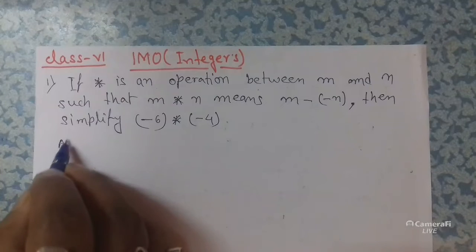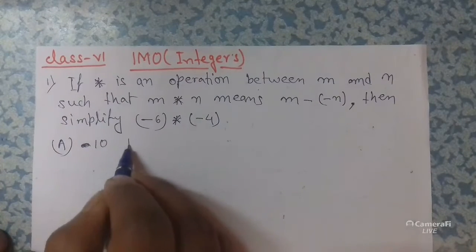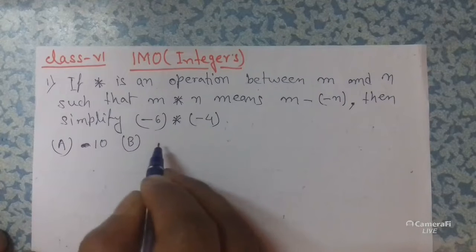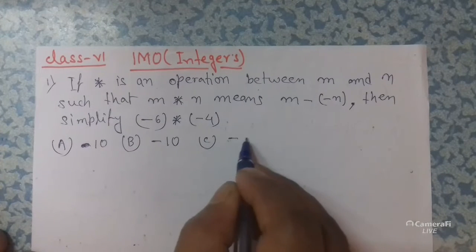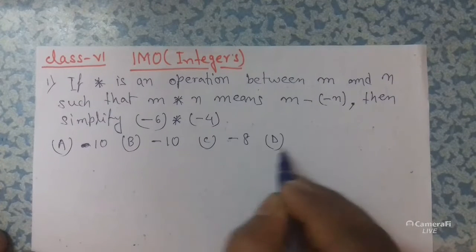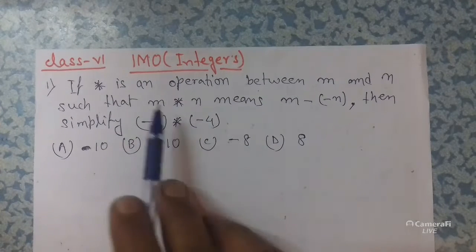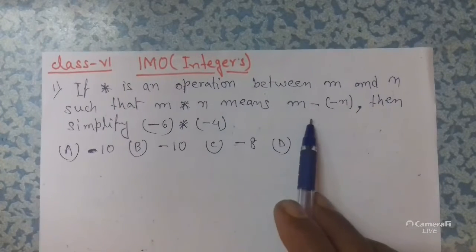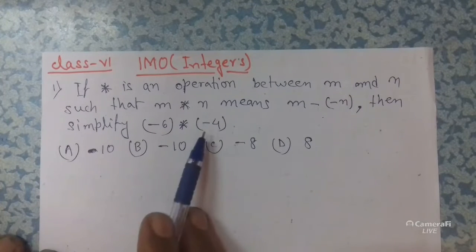The options are 10, minus 10, minus 8 and 8.